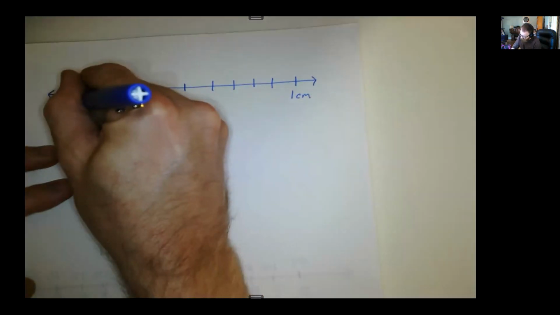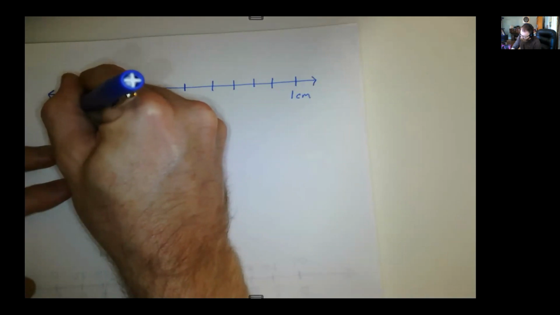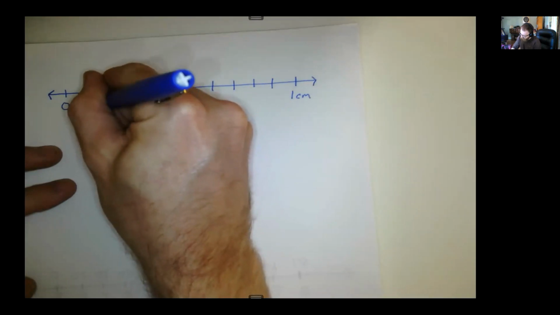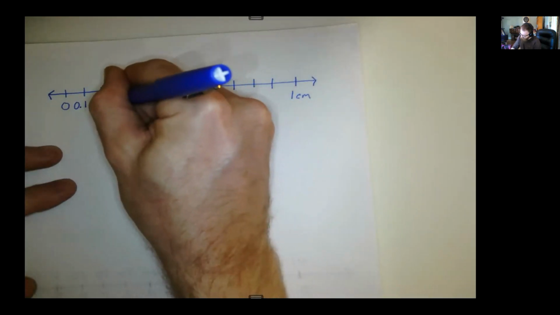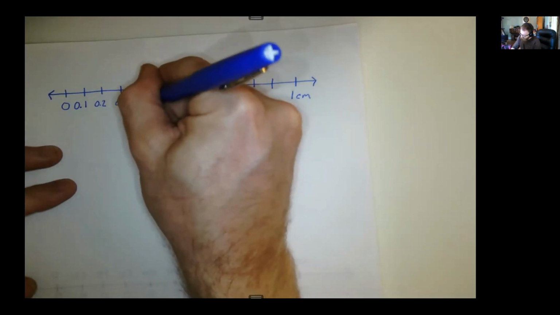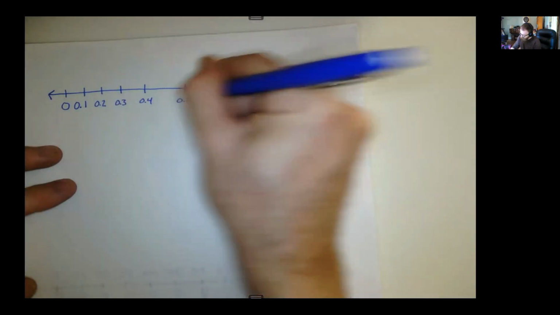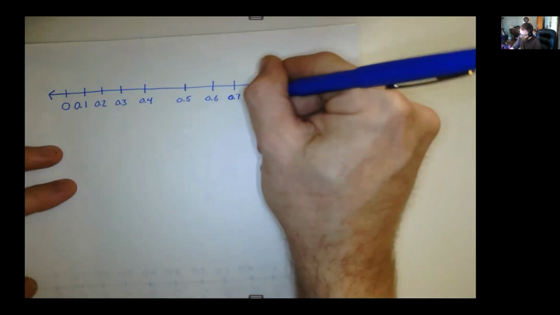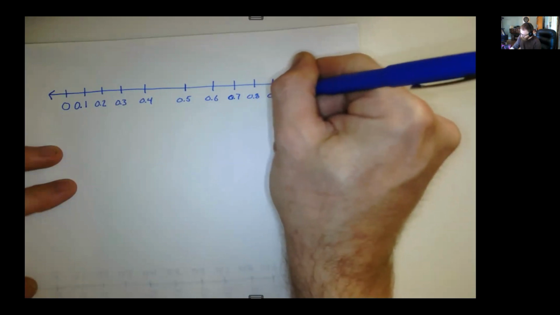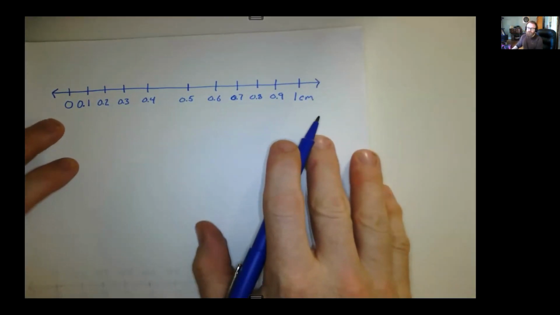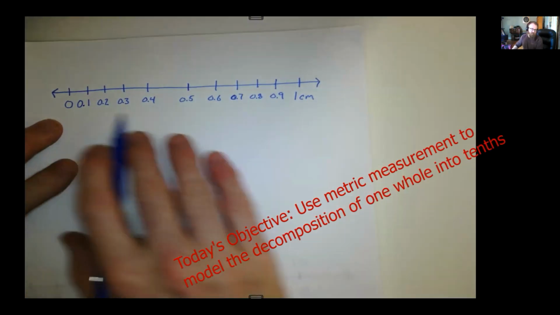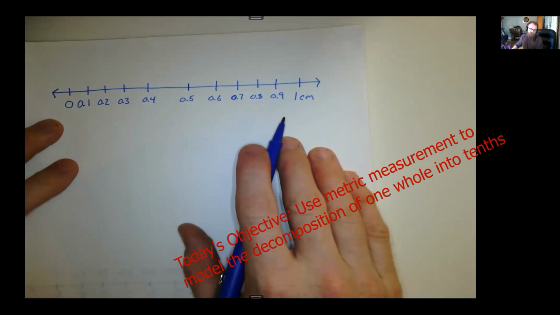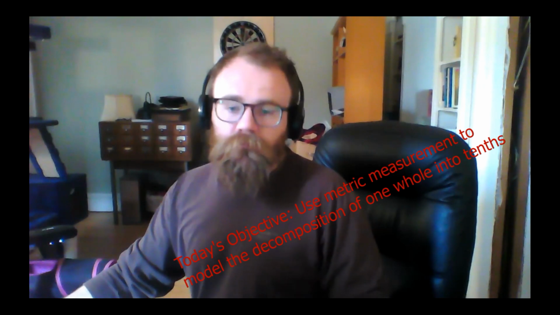But right now we're going to mark them as tenths of a centimeter with decimal representation. 0.1, 0.2, 1 centimeter can be separated equally into tenths of a centimeter, which are equal to millimeters.